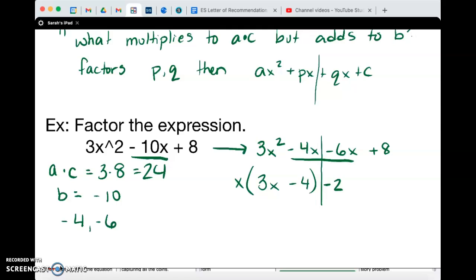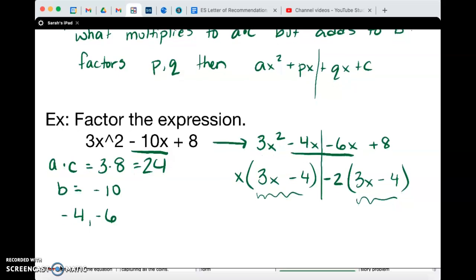The first term in that sequence is negative, so I divide out negative 2 and get 3x minus 4. If you did it correctly, these parts in parentheses should be exactly identical to each other.